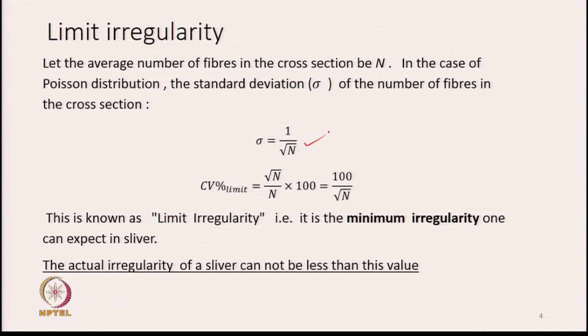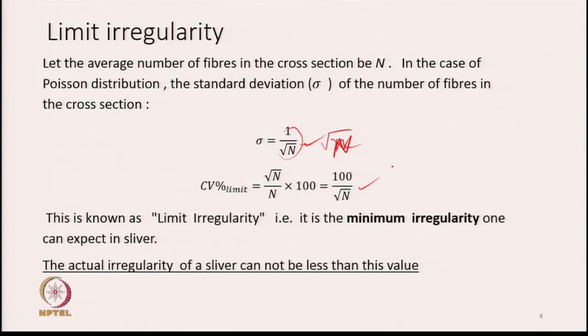So, the standard deviation is root N and the mean is capital N. Therefore, CV will be root N by capital N. So, if we take the ratio, CV percentage is root N by capital N into 100, which gives 100 by root N.